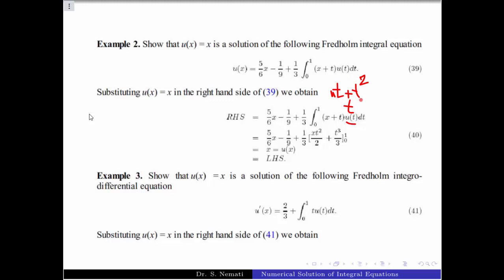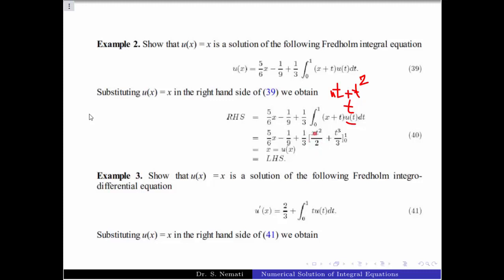And when I take the integral with respect to the variable t, we will have x t squared over 2 plus t cubed over 3.